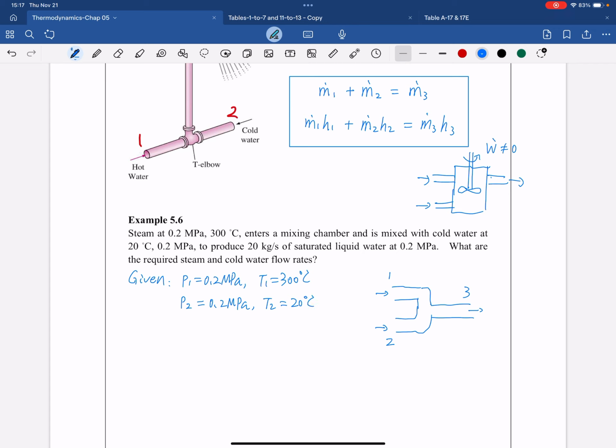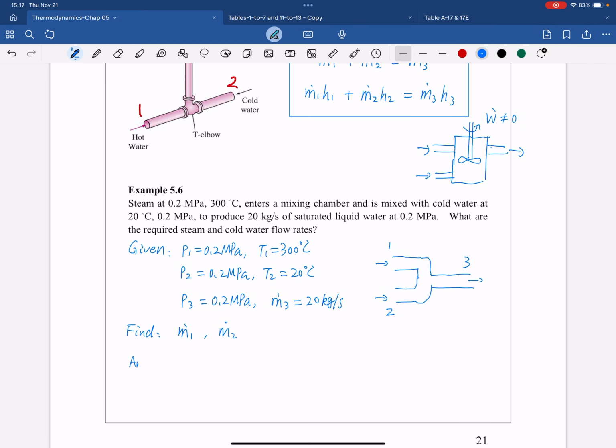And for the outlet, we know the pressure is the same, still 0.2 megapascal. The other given condition is the mass flow rate, 20 kilograms per second. And we are looking for the required steam and cold water flow rates, m1 dot and m2 dot, mass flow rates.